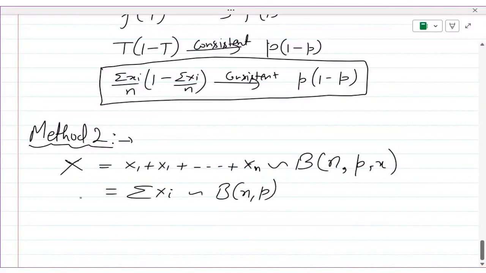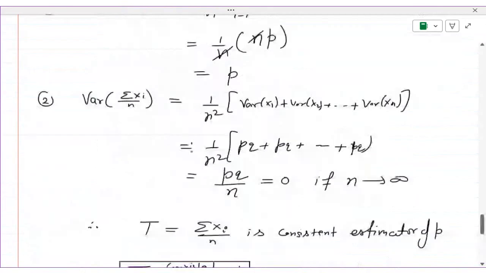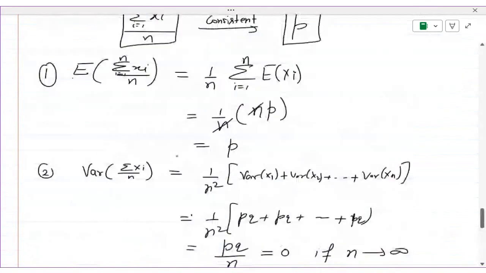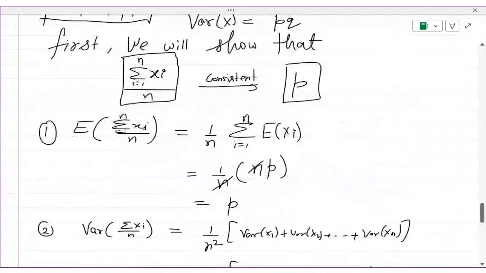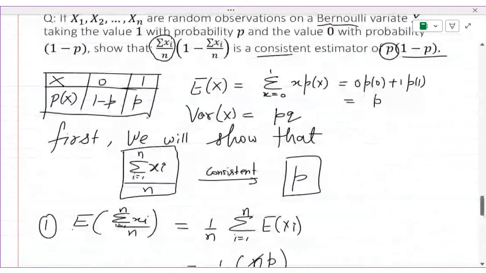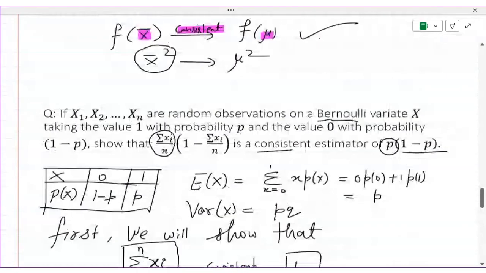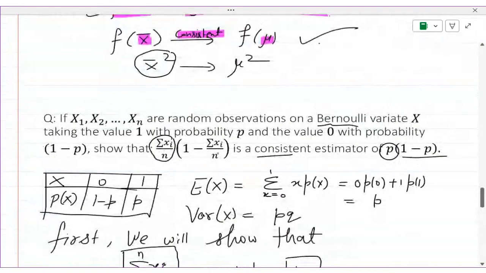Okay, so if it follows a binomial distribution and you take the expectation on both sides, what will you get?